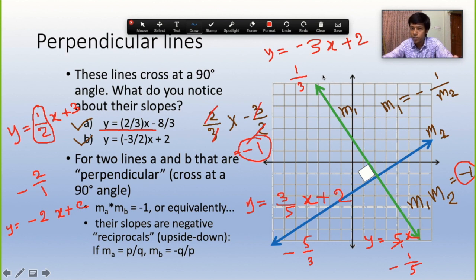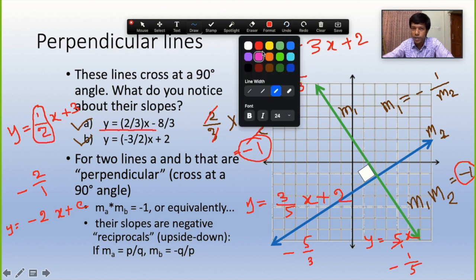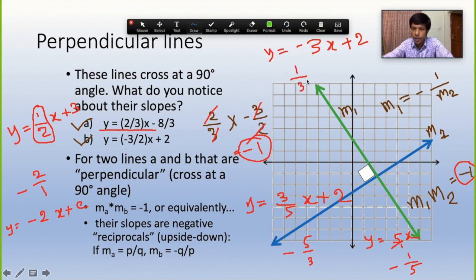You can ask why, and the reason is, technically, if we multiply 1 by 3 into minus 3, the answer is minus 1. So the relationship between the slopes will be like this. If you multiply them, the answer will be minus 1.